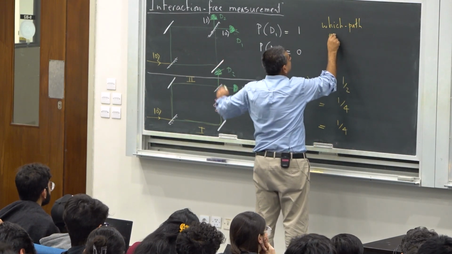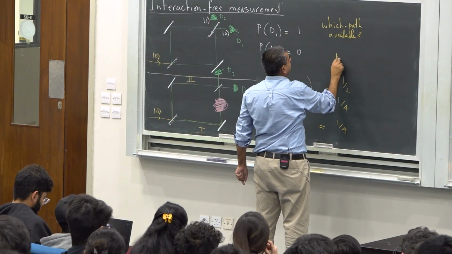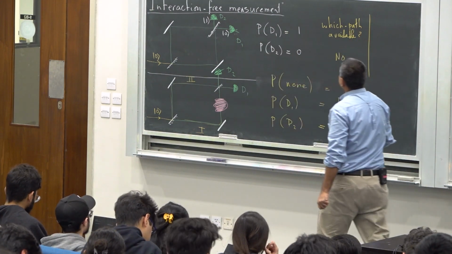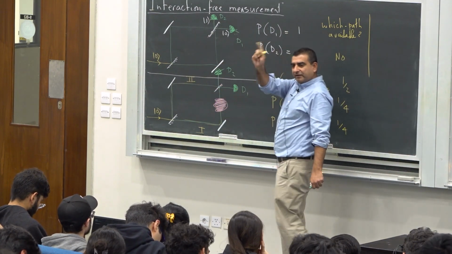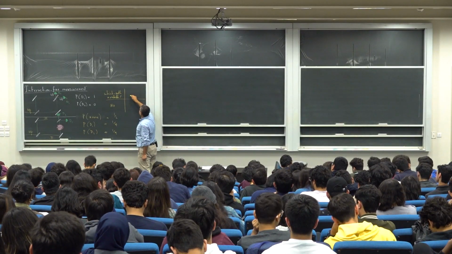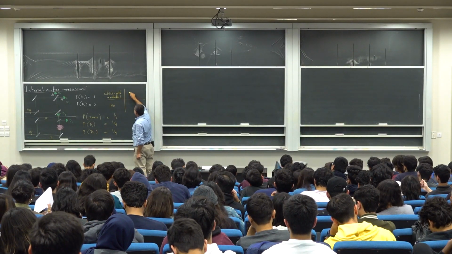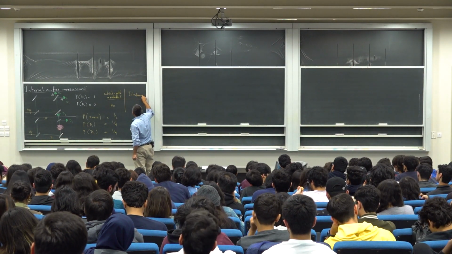So in this case, is which path information available? No. We do not know which path the photon has taken. Single photon, just one photon. Therefore, do we see interference? Yes.